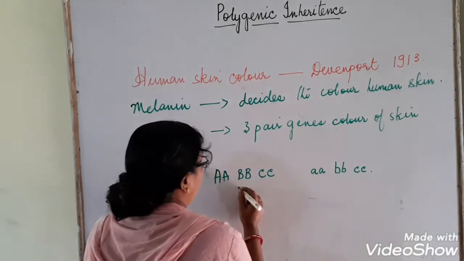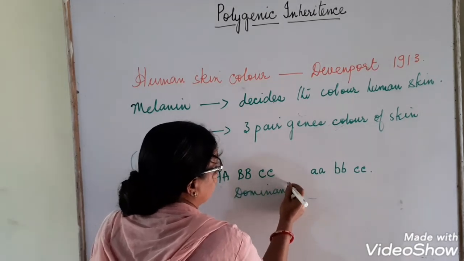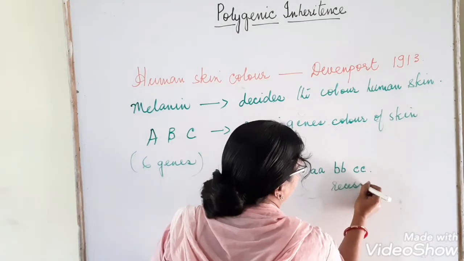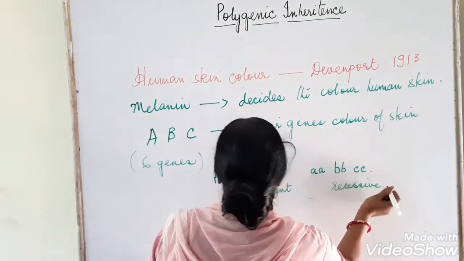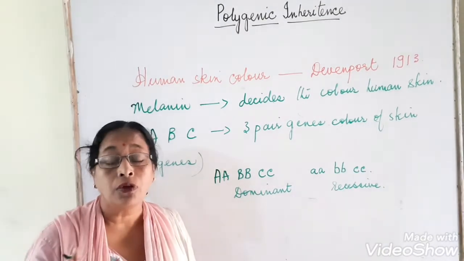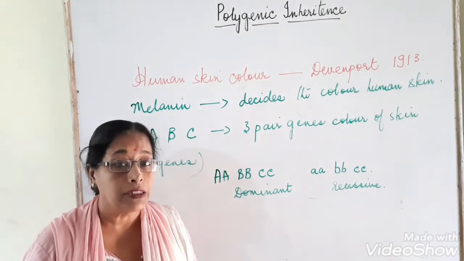These are dominant, the color of the skin, and these are recessive. The color of the skin depends on the number of dominant genes or alleles that are present.